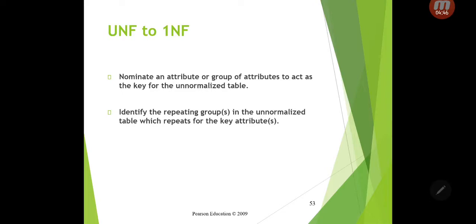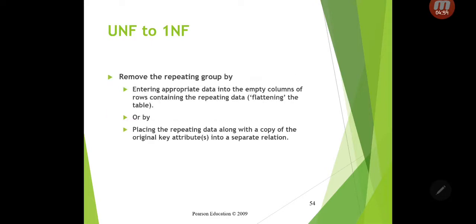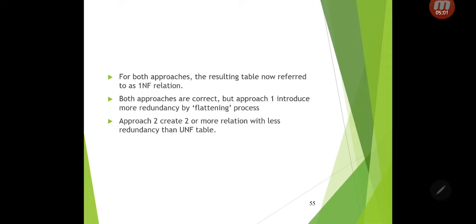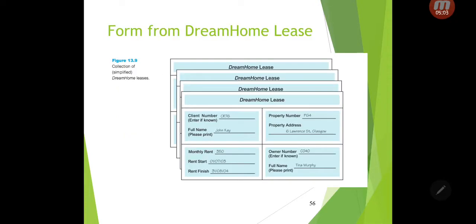Unnormalized form to first normalized form: nominate an attribute or group of attributes to act as a key for the unnormalized table. Identify the repeating group in the unnormalized table which repeats for the key attribute. For example, I give you an example. This is our source.